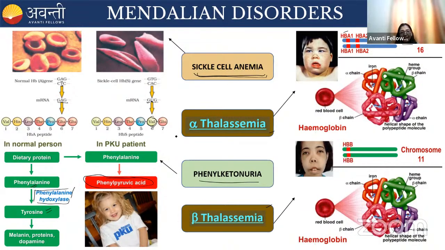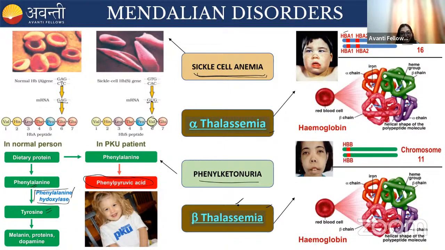So in alpha thalassemia, if the mutation occurs in these two genes, the alpha chains are not produced. So there's more production of the beta chain as compared to the alpha chain, and these beta chains form an unstable tetramer, because of which they produce an abnormal O2 dissociation curve.